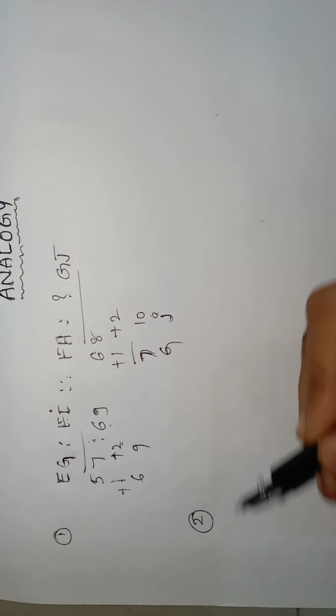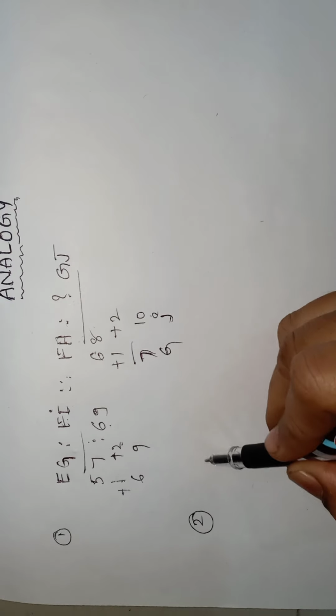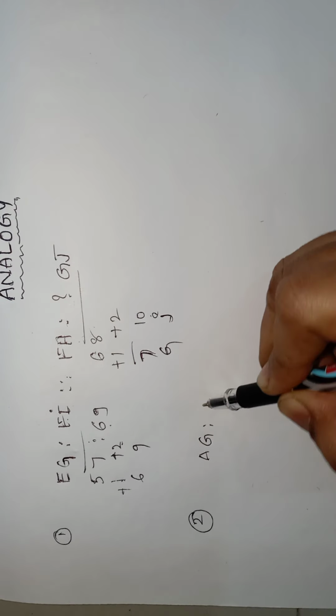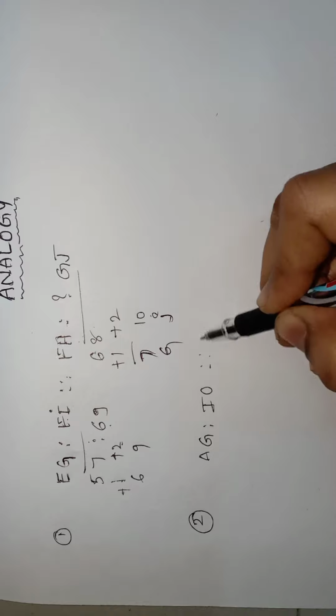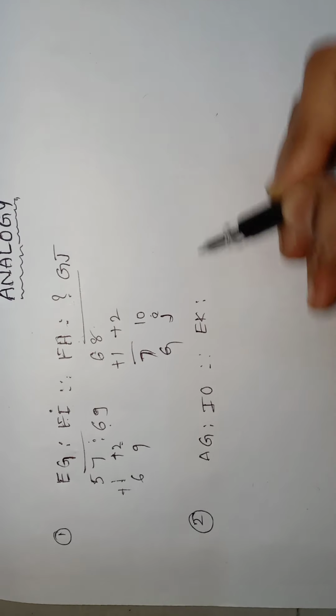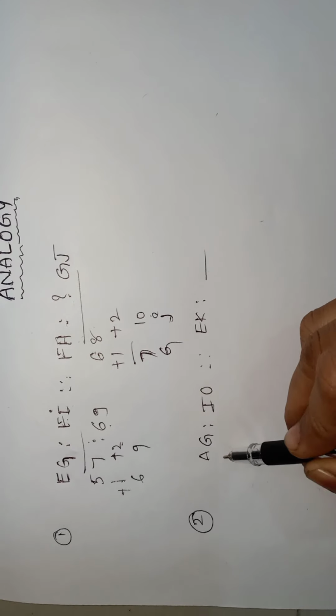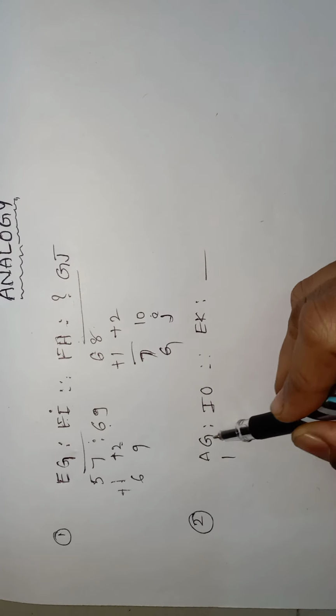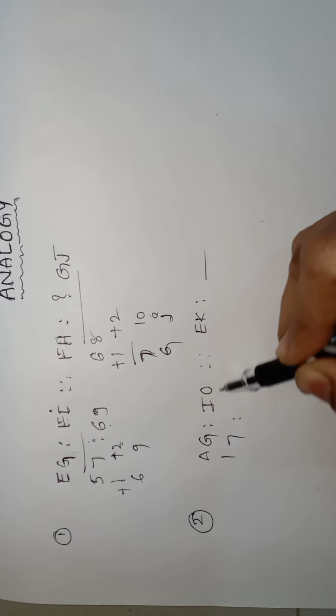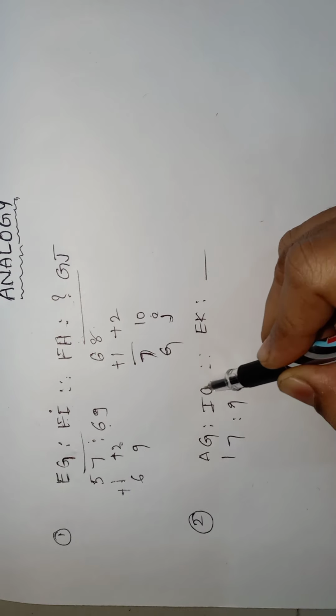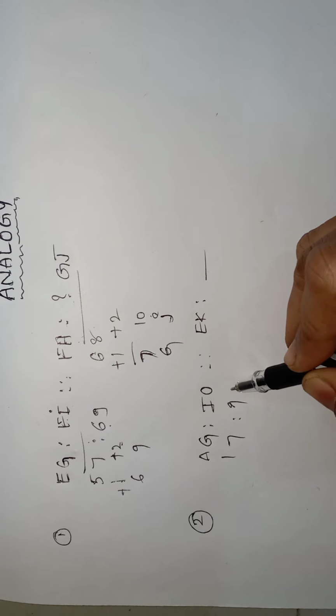Take another example. AG is to IO and EK is to dash. Now A is 1, G is 7, I is 9, O is 15.